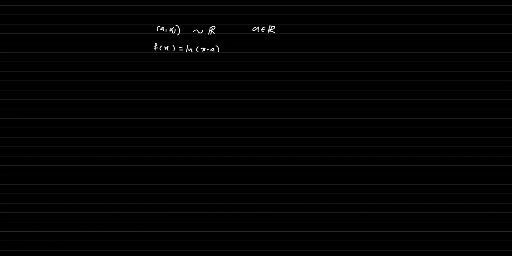Now, consider the function f of x equal to natural logarithm of (x minus a). We know that this function f of x is defined for all points in the interval. Why? The natural logarithm is defined for all positive real numbers.